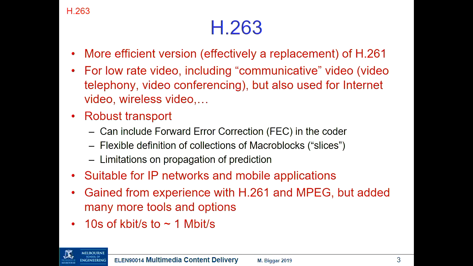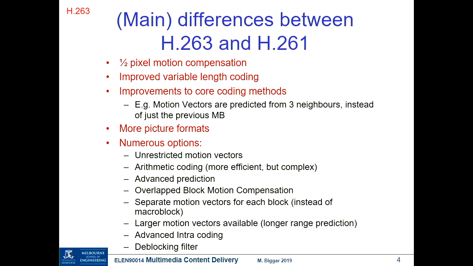It was intended to be fairly robust, so with the telecommunications focus, it was intended to be suitable for network operations, so IP networks in particular, and mobile applications where the bitrate is reasonably high, and operate over quite a wide range of bit rates.